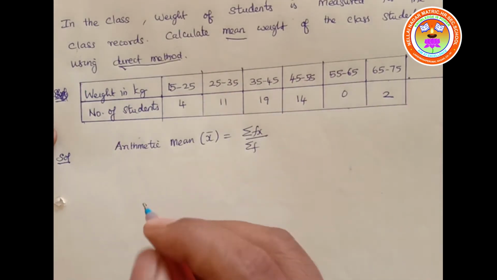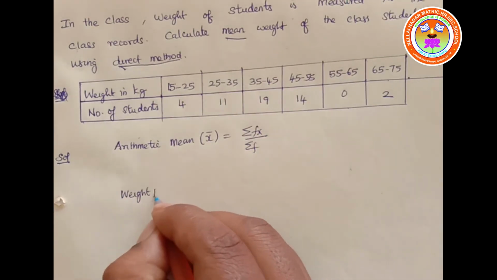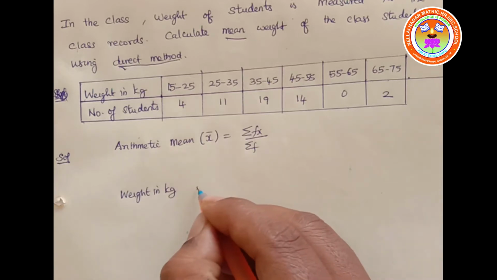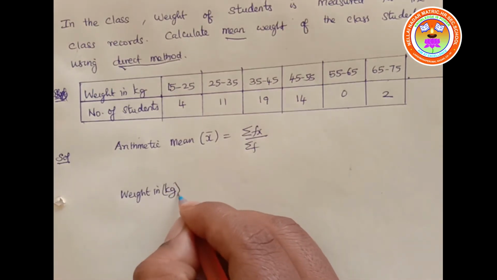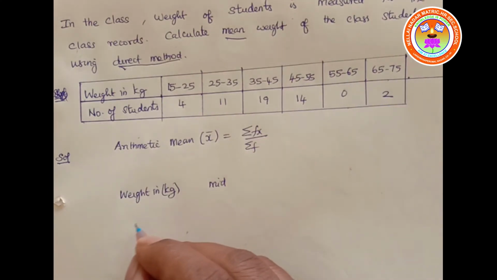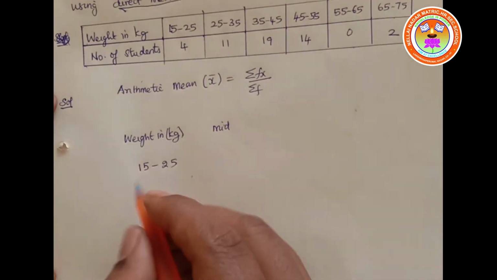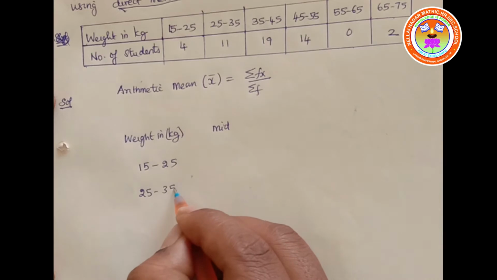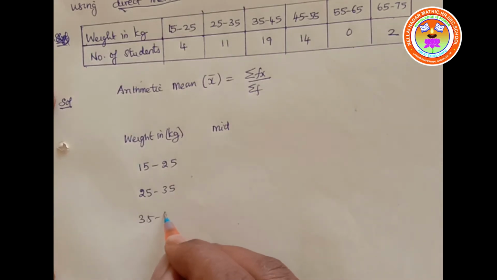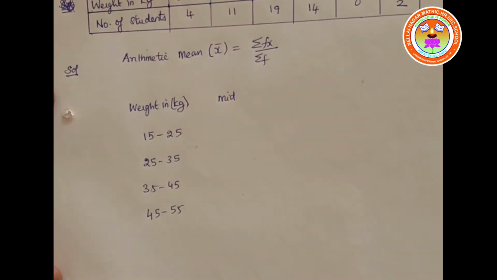It's clear, children? Now I'm going to take a table. First one is weight in kg, given as class intervals: 15 to 25, 25 to 35, 35 to 45, 45 to 55, 55 to 65, 65 to 75.